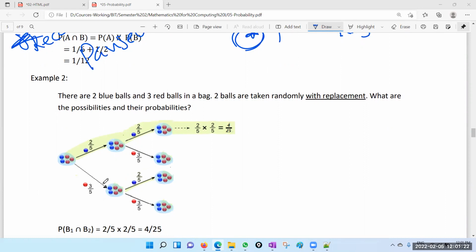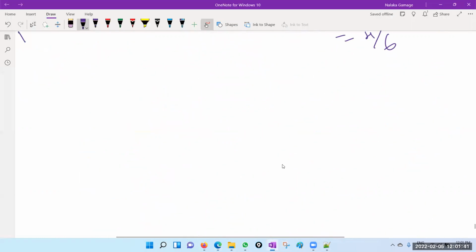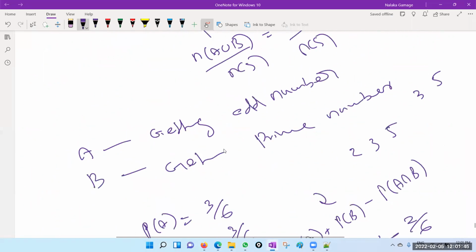So that is why we are multiplying here, because they are independent events, right? For example, let's take an example. I gave you an exercise also, right?